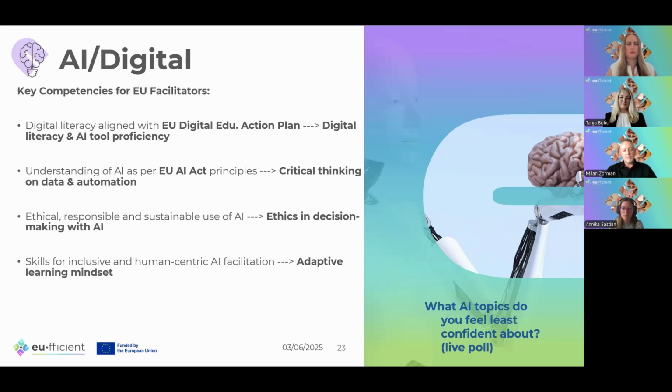Next, ethical and responsible sustainable use, not only from those who provide AI solutions, but also those who use them. And ethics has to reach completely another level if we want to use AI in order to progress. So we need to use an adaptive learning mindset, and we have to be able to forward that message not only to users but also to those who will be including AI in their solution.